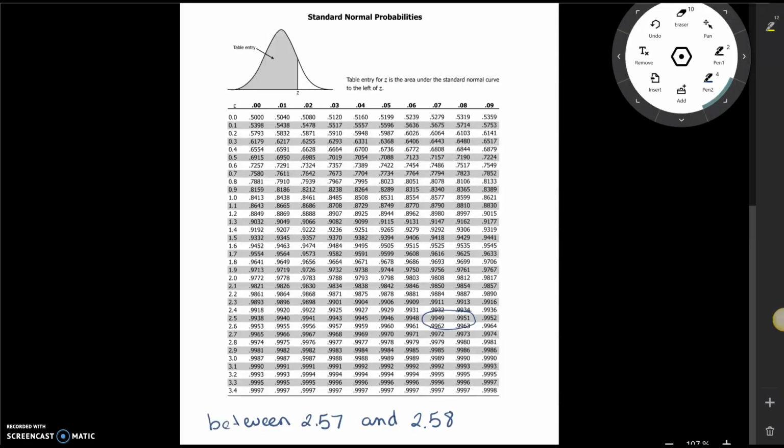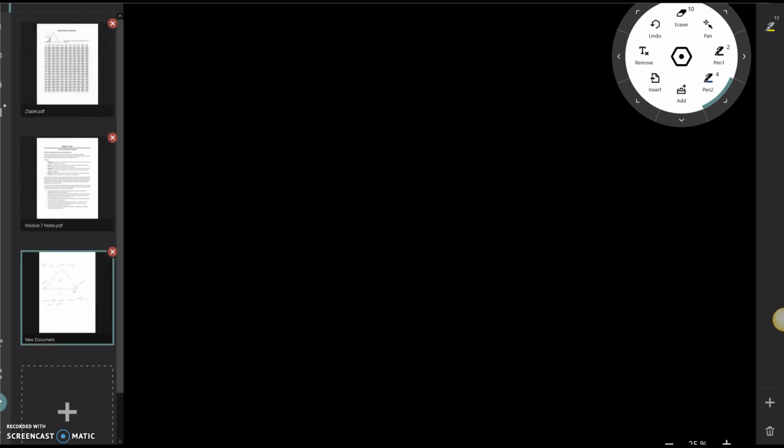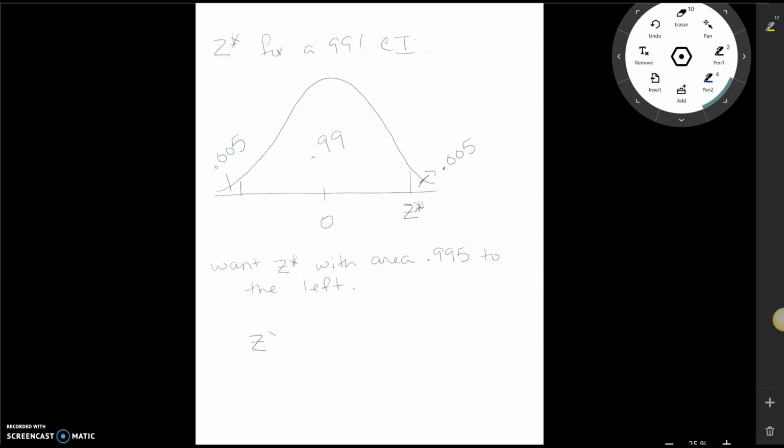Since the area I'm interested in is directly in between these two numbers, that tells me that my z star is going to be 2.575. Going back to here, we have z star equals 2.575 for a 99% confidence interval.